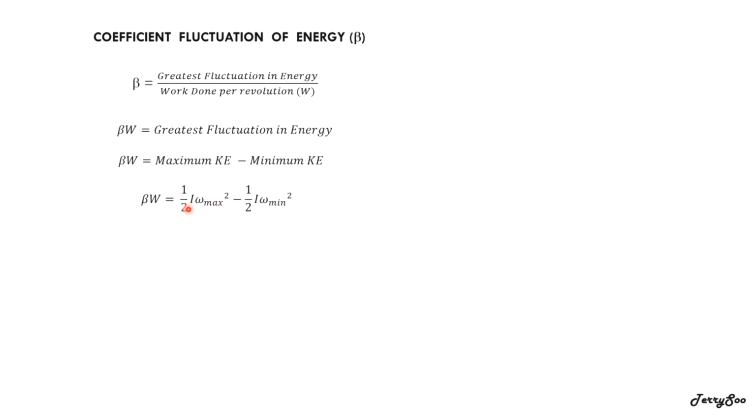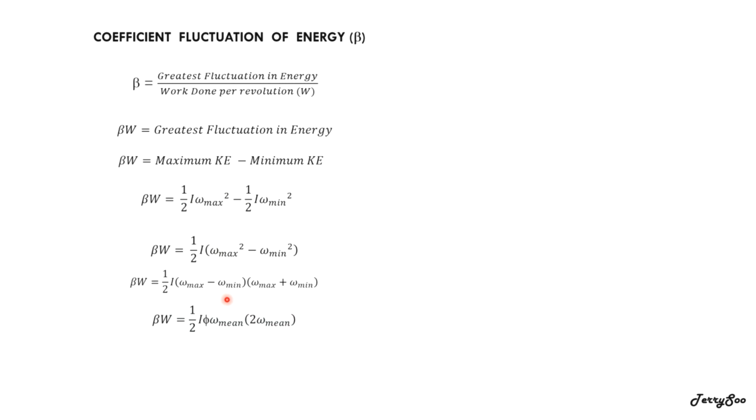At the beginning of the lesson, we said I would be a constant. So it's totally relying on the angular speed to the power 2. So I is constant, and you have beta W equal to this. Or you can simplify or expand.